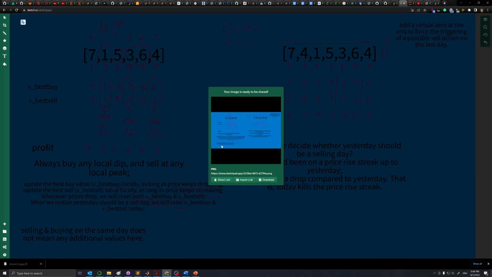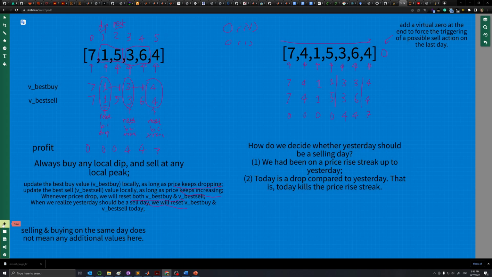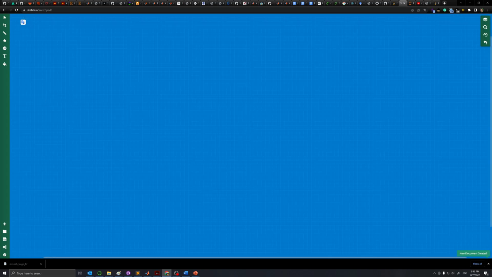So we turn to our sketchboard. This was from last video. So now we start with a new one, and we start with this example here to prototype upon. And then we're going to start thinking about some intuitions here.